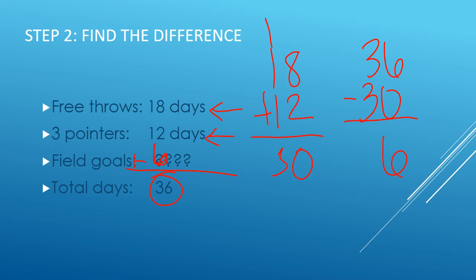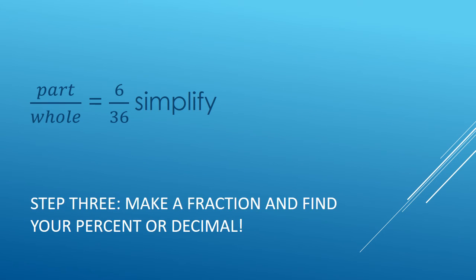But we're not done. We still need to find our percent. So I know that 36 is my whole and 6 is my part. Looking at the denominator, you really can't change this to a perfect 100. So the next choice is to do top dog in the house. But what I need you to do is see if we can simplify it. Always look at the fraction.